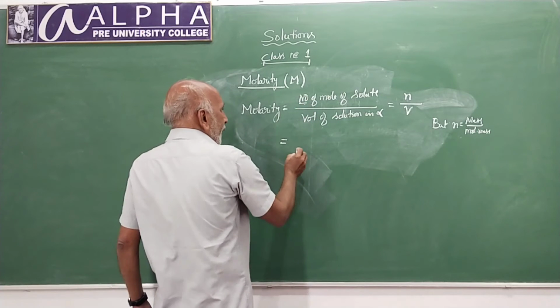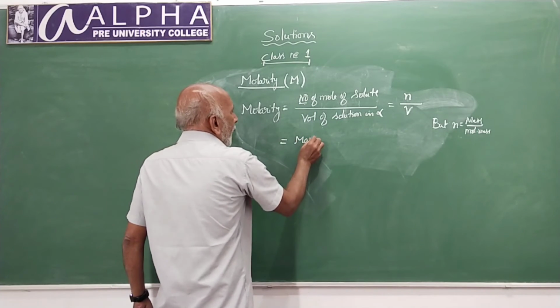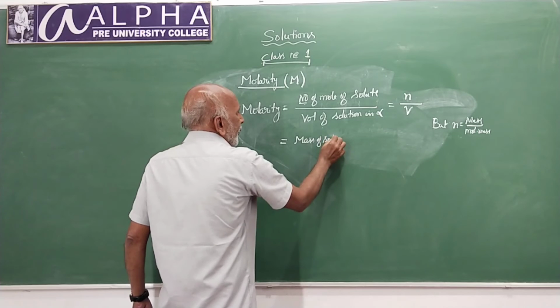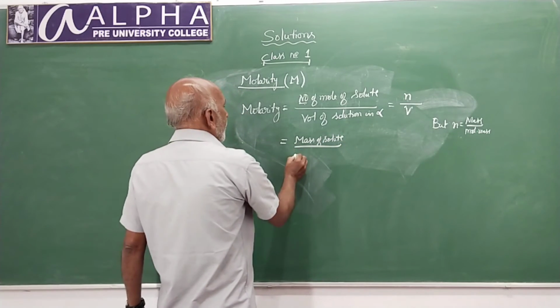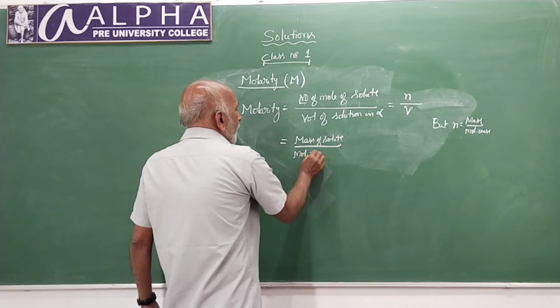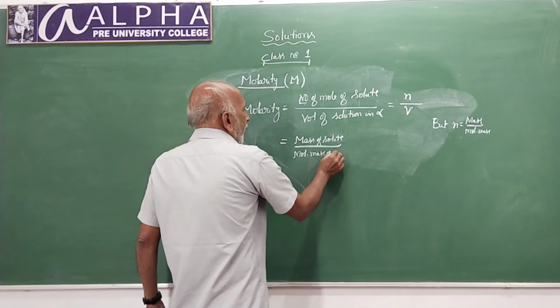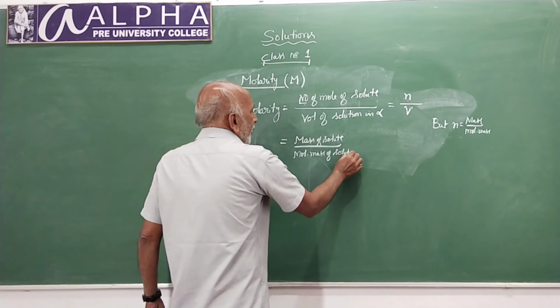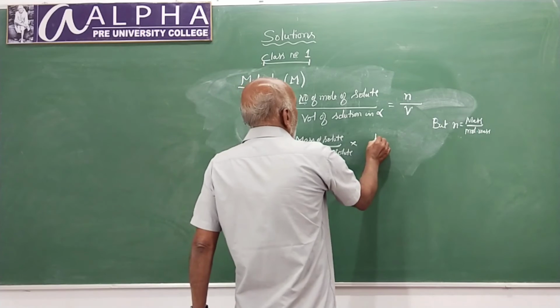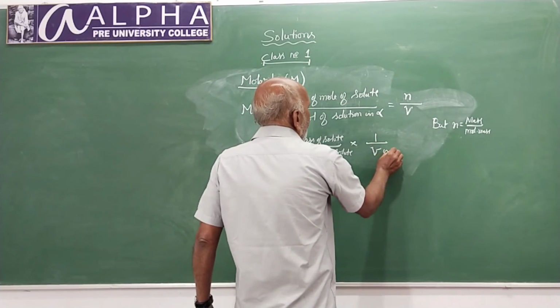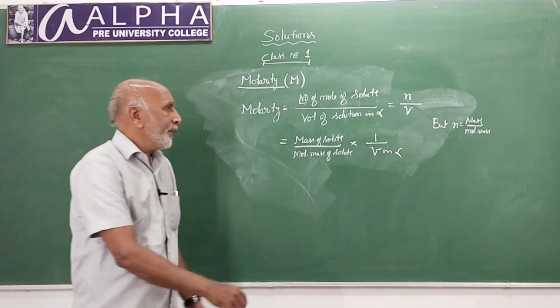Now we can write this one as mass of solute in gram by molar mass of solute, which is also in gram, into 1 by volume in liter.